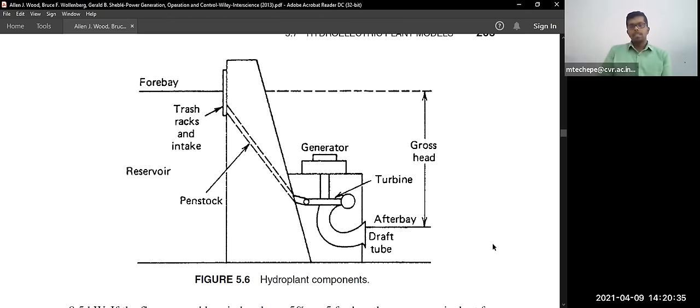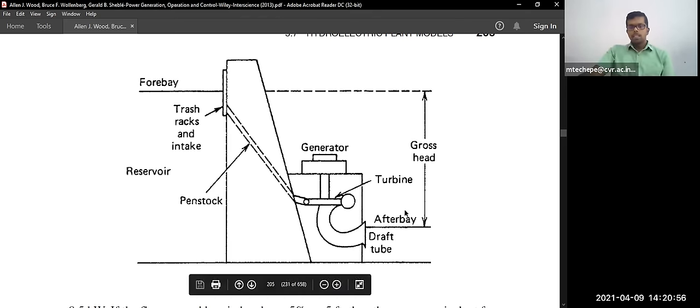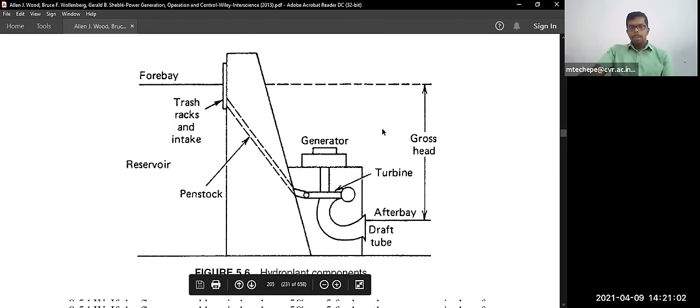If it rains heavily, we go for full generation with hydro itself. If it is not raining, we have to rely on thermal base load units, and then other renewable energy resources like wind. That is also one of the concerns we have to think about. So this is the working of the pumped hydro storage plant.